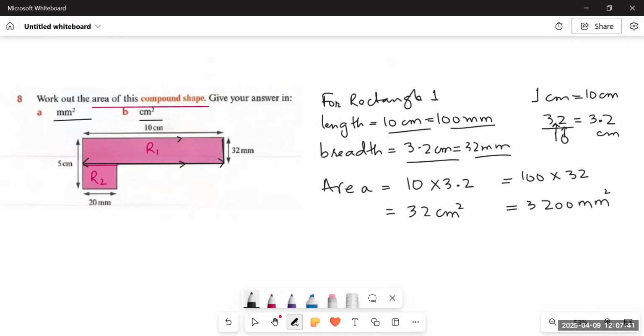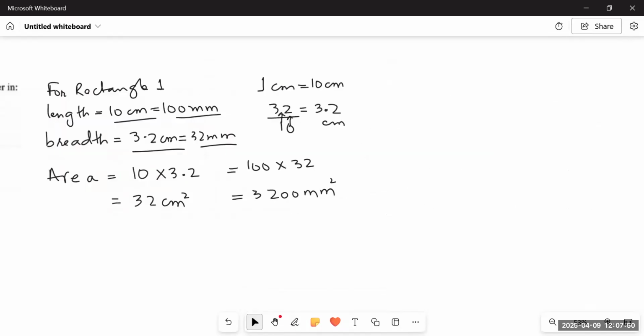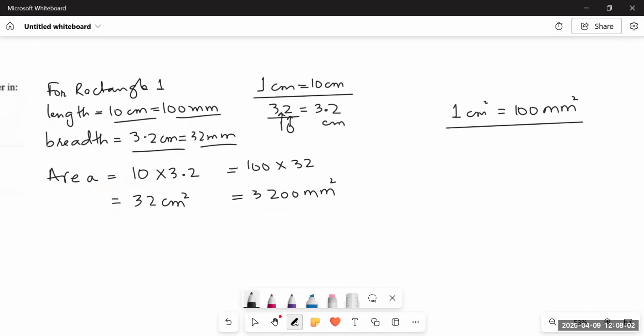Instead of finding the area separately in millimeter square, we know that 1 centimeter square is equal to 100 millimeter square. On one hand, 1 centimeter is equal to 10 millimeters, but when we square the quantities, the units will also be squared.